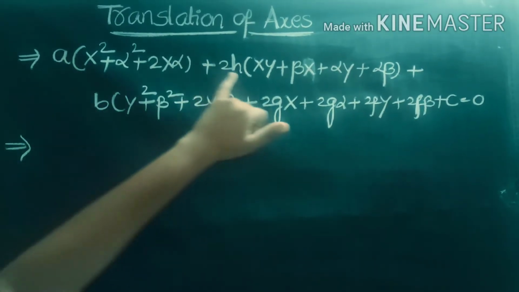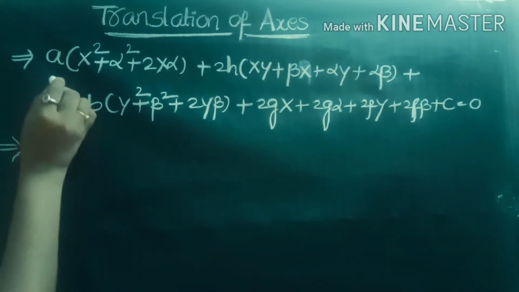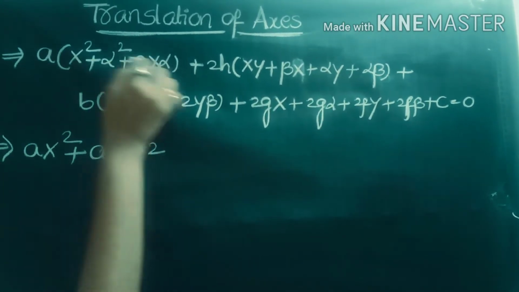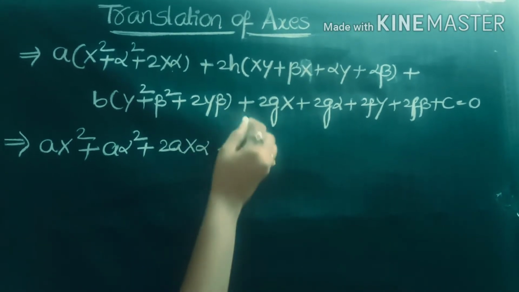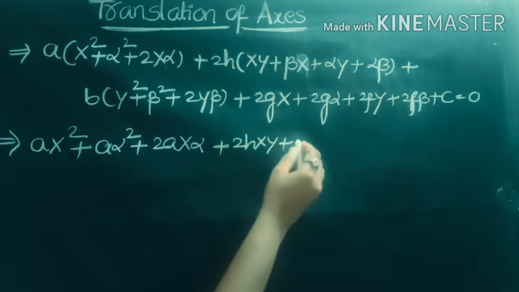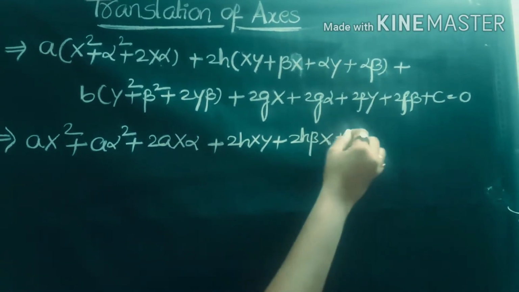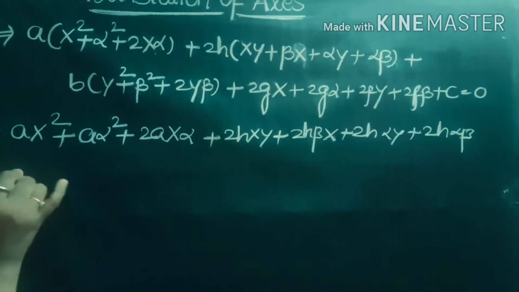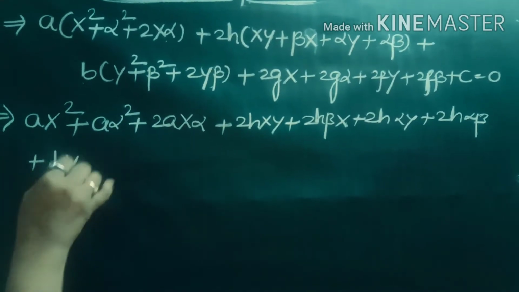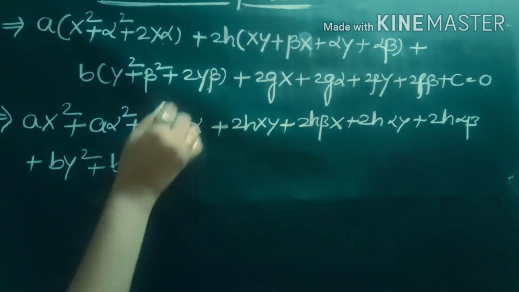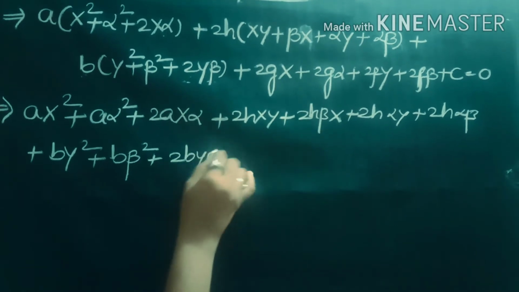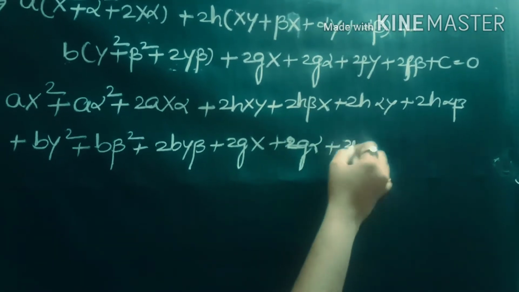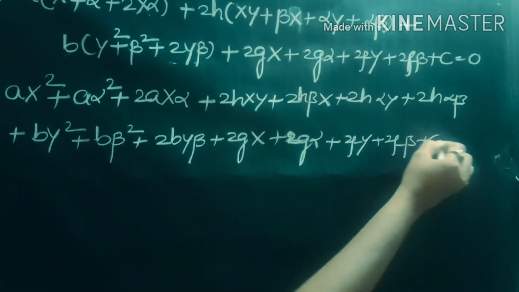Multiplying all these values by a, by 2h and by b, that is: a X square plus a alpha square plus 2a X alpha, plus 2h XY plus 2h beta X plus 2h alpha Y plus 2h alpha beta, plus b Y square plus b beta square plus 2b Y beta, plus 2gX plus 2g alpha plus 2fY plus 2f beta plus c is equal to 0.